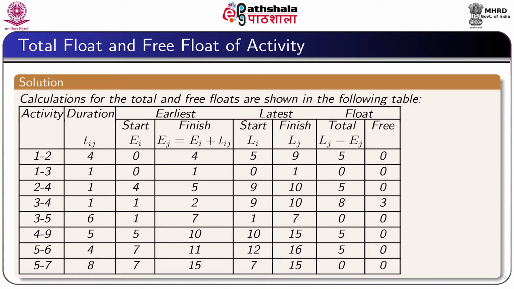From the figure already shown in the previous slide, we can easily write the values of Ei and Li, and from that we can find the values of Ej and Lj. So, total float can be obtained by taking the difference between Lj and Ej, which can be easily obtained.